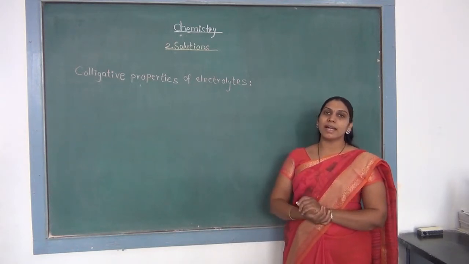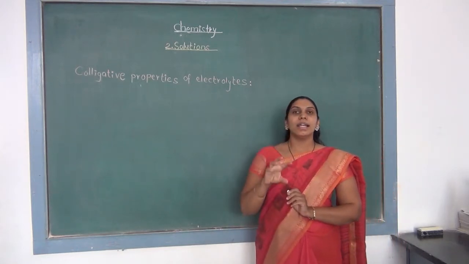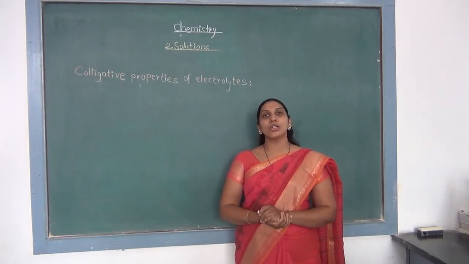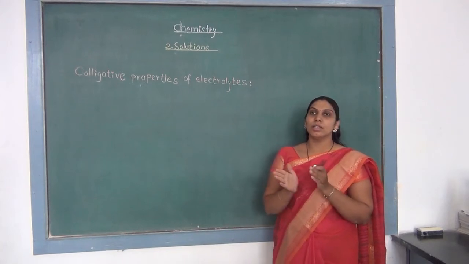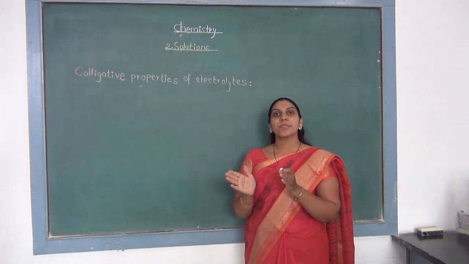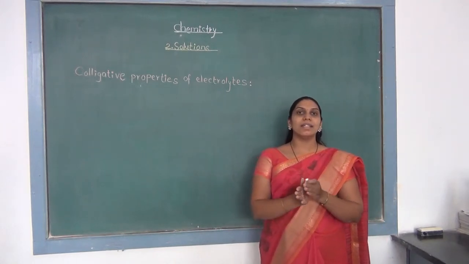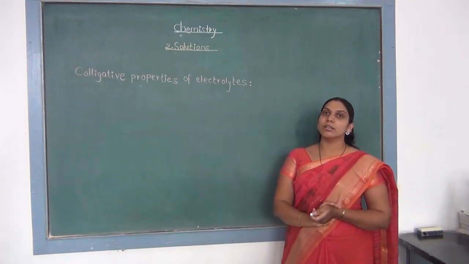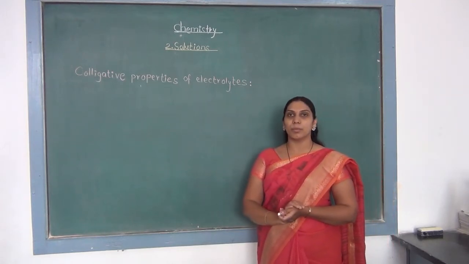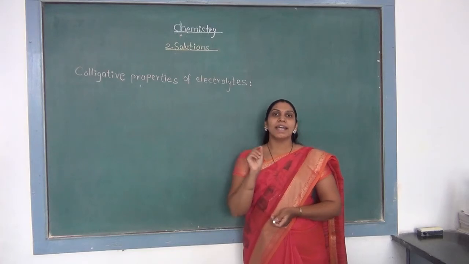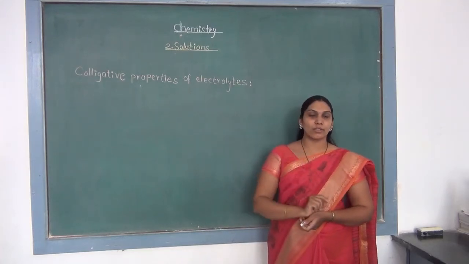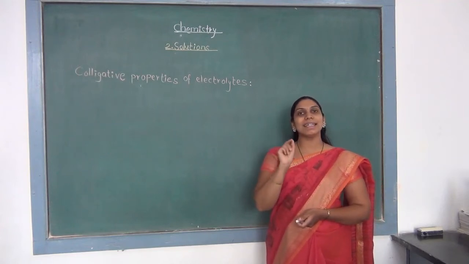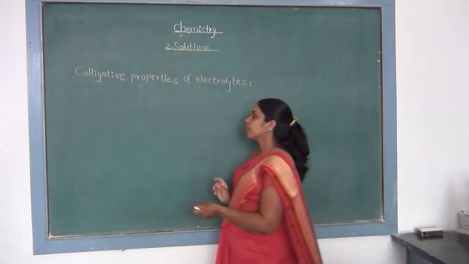It is observed that electrolytic solutions also show colligative properties, but they do not obey the relations like the non-electrolyte solutions' colligative properties. So there are some observations about the colligative properties of electrolytes. We will be studying each now.